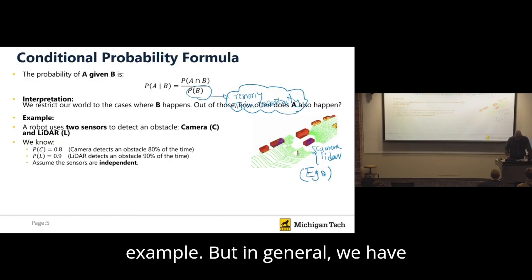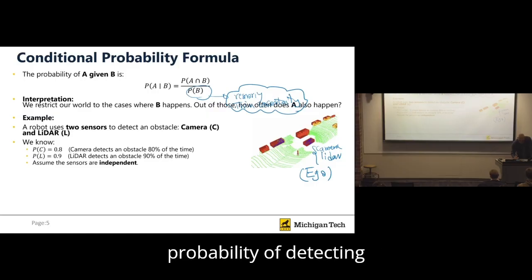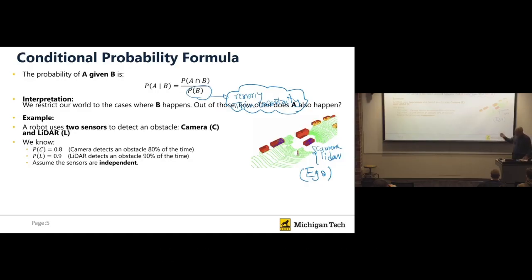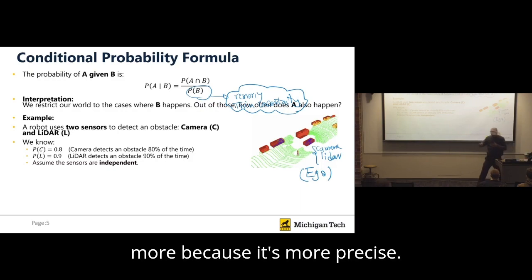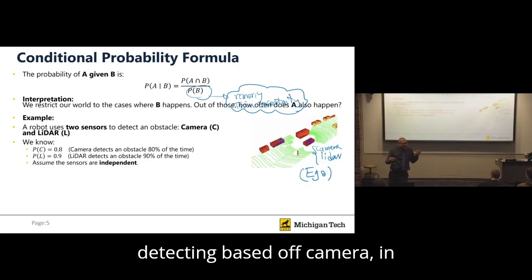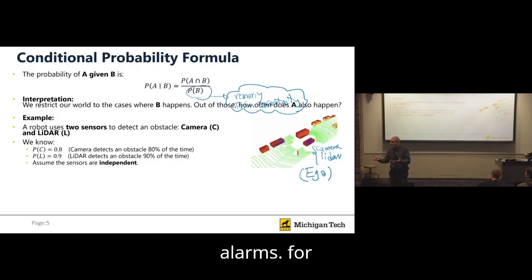But in general, we have these settings. And we know the probability of detecting using camera is 0.8. And the probability of detecting obstacles or targets using LiDAR is higher, because it's more precise. When you are detecting based on camera, there are lots of false alarms.